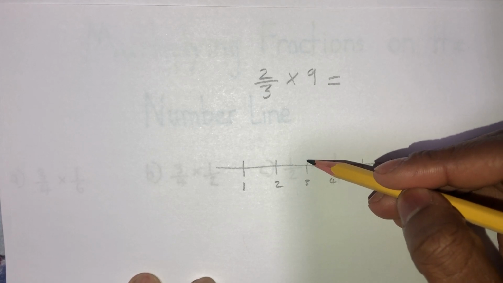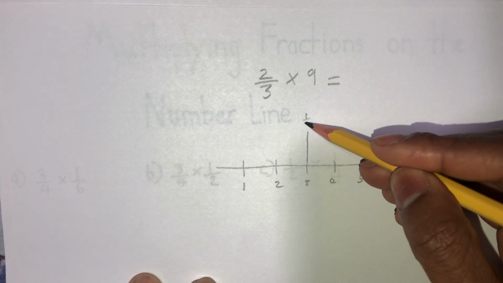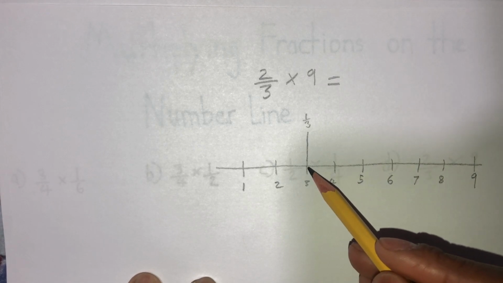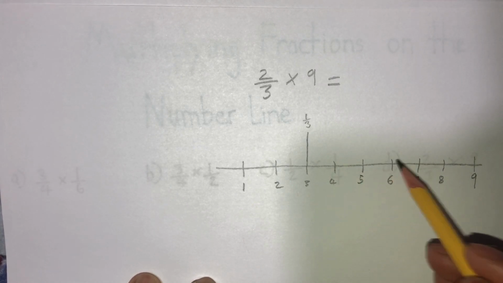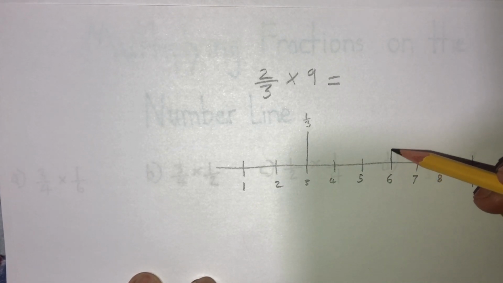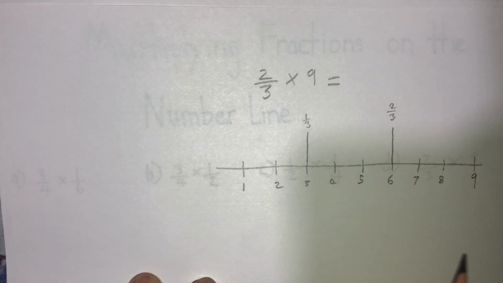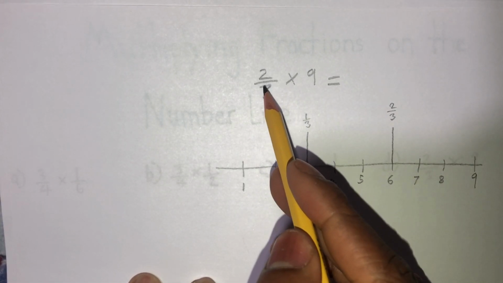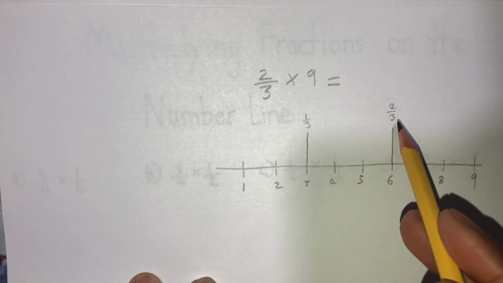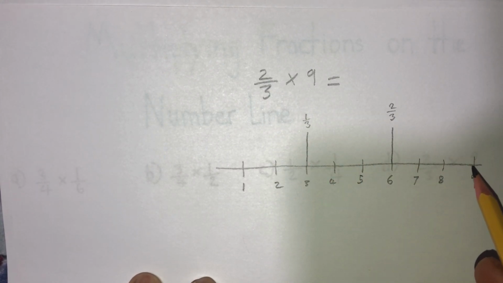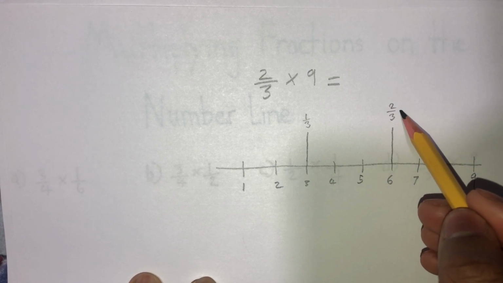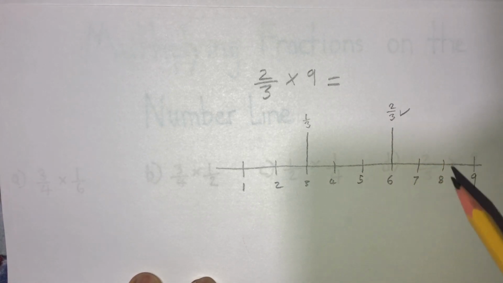So this is 1/3. 0, 1, 2, 3. This is 2/3. Good. So we needed to find 2/3 of the distance to 9. And here we have 2/3.